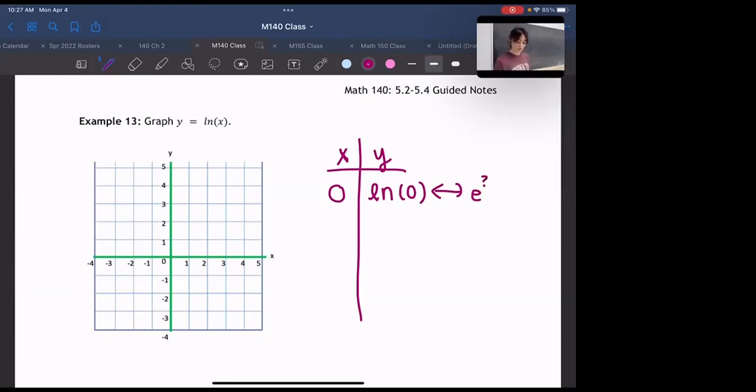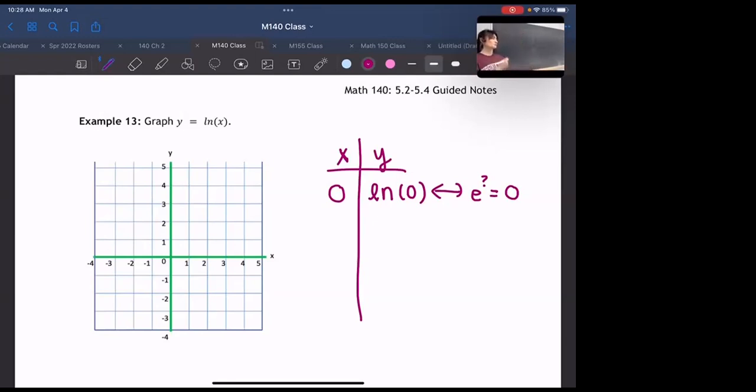e to the what power equals 0? What power can we raise e to get 0? It's a trick question, isn't it? You can't raise a number to a power and get 0. We can raise a number to a power and get 1.